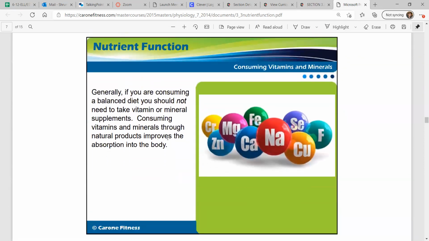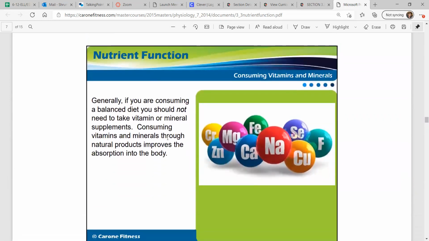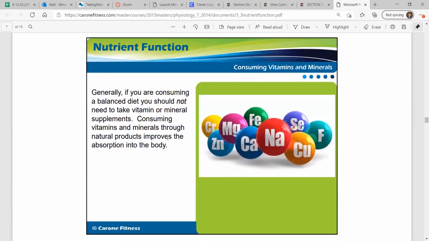Generally, if you are consuming a balanced diet, you should not need to take vitamin or mineral supplements. Consuming vitamins and minerals through natural products involves the absorption into the body.